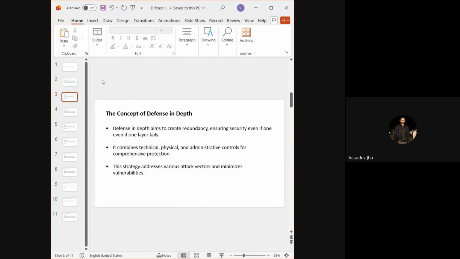So yeah, the concept of defense in depth aims to create redundancy and ensure security even if one layer fails. As he suggested, yes, it follows the layers. It combines technical, physical, and administrative controls for comprehensive protection. So what are technical, physical, and administrative controls?